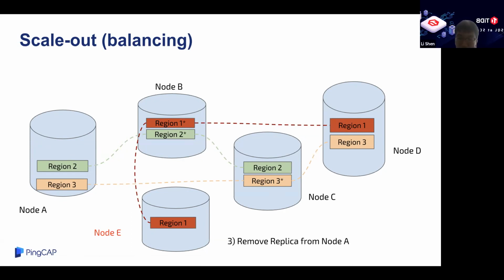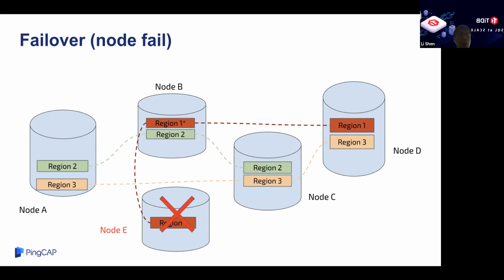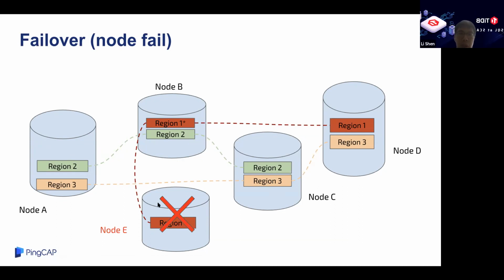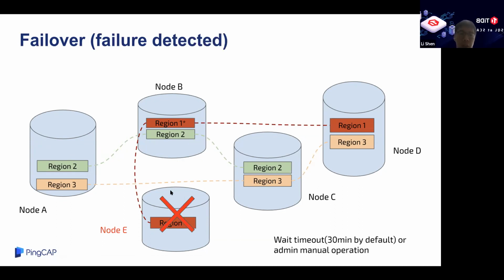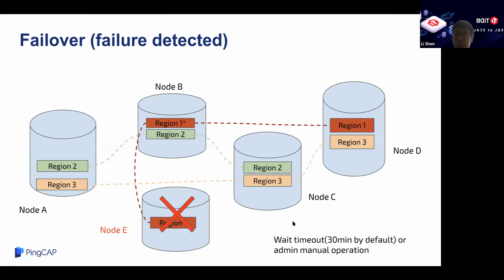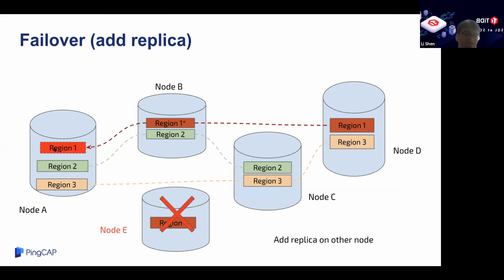When there is a node failure, for example node E meets something like a power off, the cluster will detect that node E is not there. After a timeout, which is 30 minutes by default, PD will add another replica to the cluster to make sure that there are enough replicas for each region.